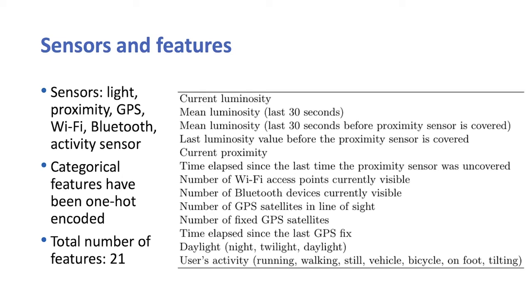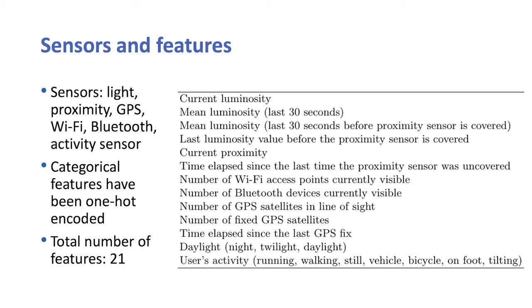Light can be useful because indoor and outdoor environments are characterized by different levels of light. The proximity sensor can be useful for understanding if the device is in a pocket or in a backpack.